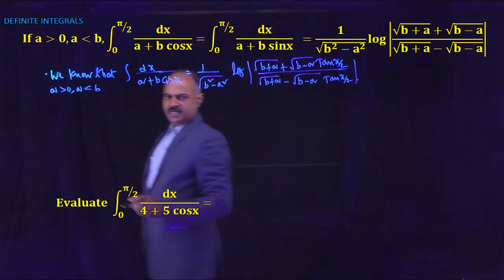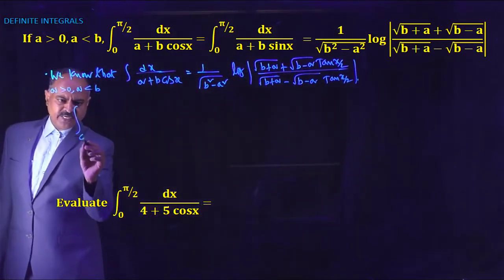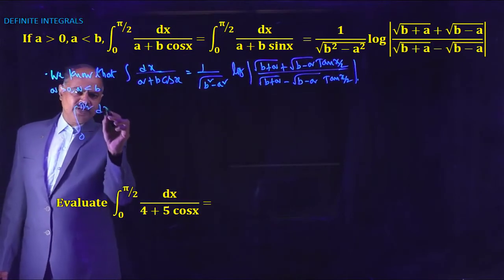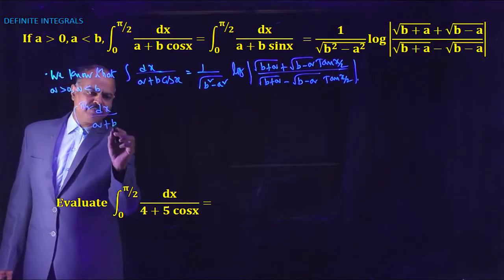Now here integral 0 to pi by 2 dx by (a plus b cos x).